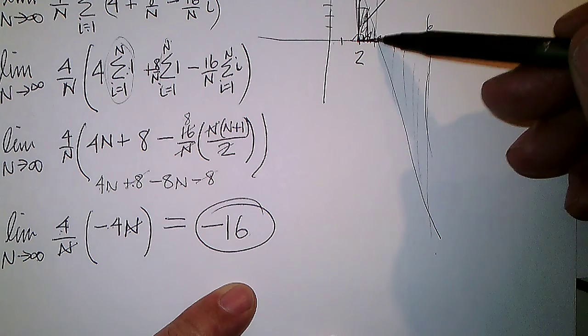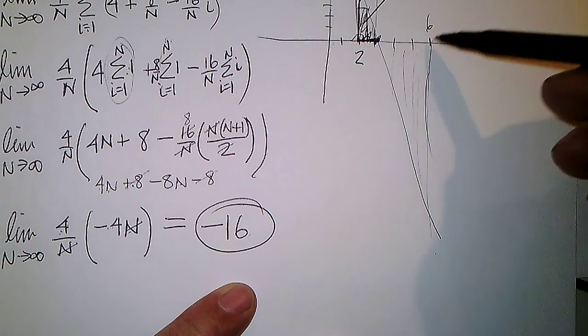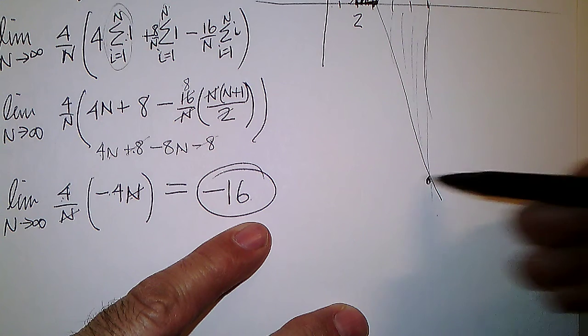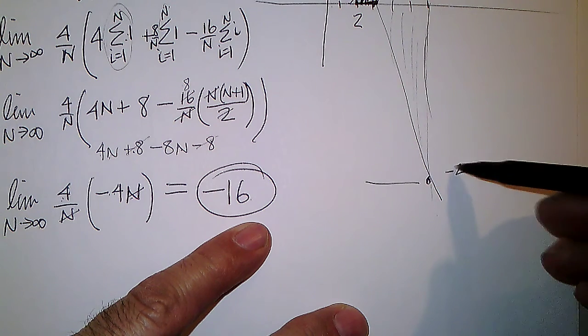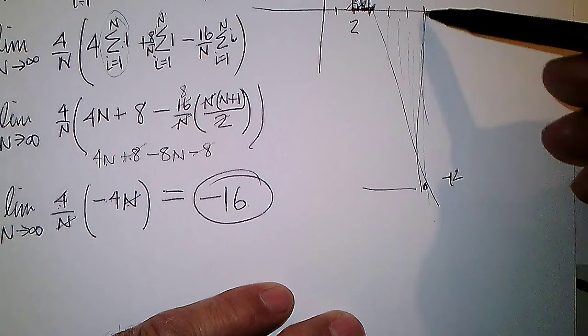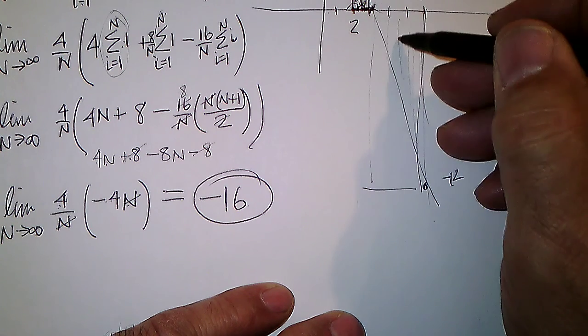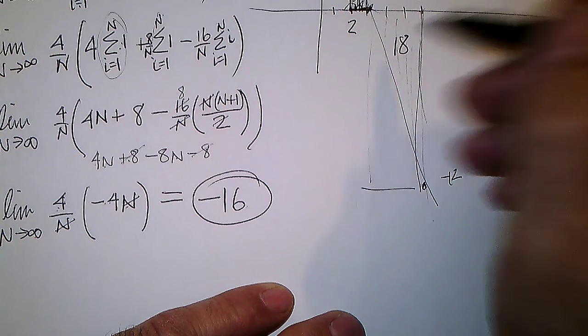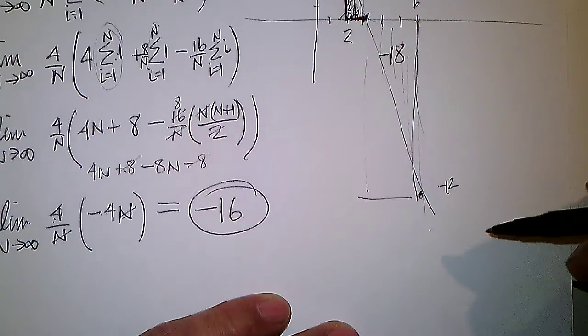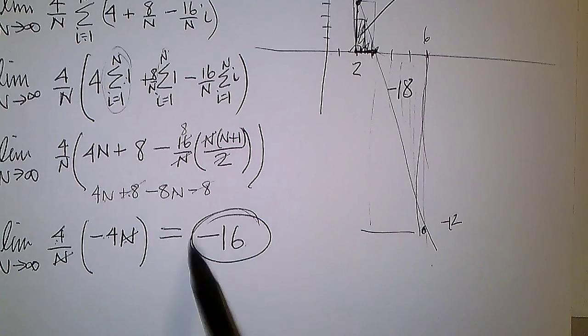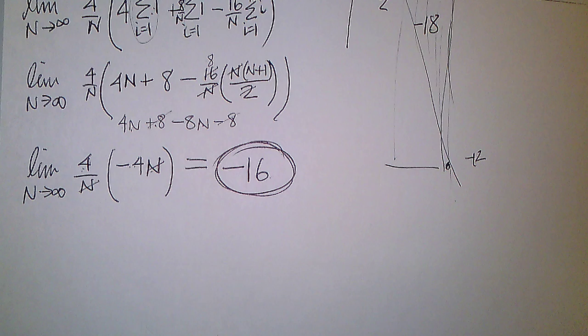Now this part, from 3 to 6, 6 in here, that's 12 minus 24, which is minus 12. So we got 12 times 3, which is 36, half of that, which is 18. And this is minus because it's below the x-axis. So we got plus 2 minus 18, which is minus 16. Okay, and that's that.